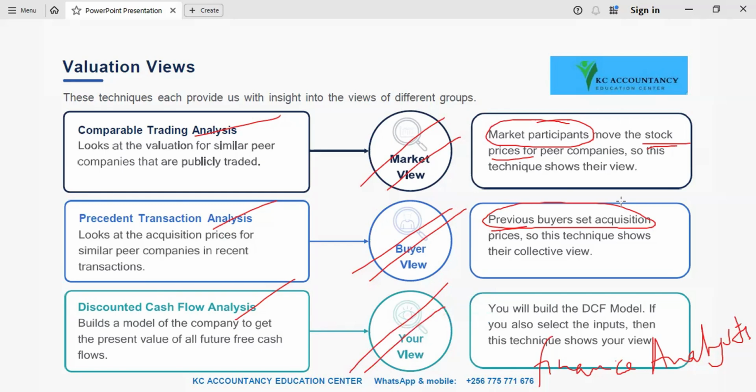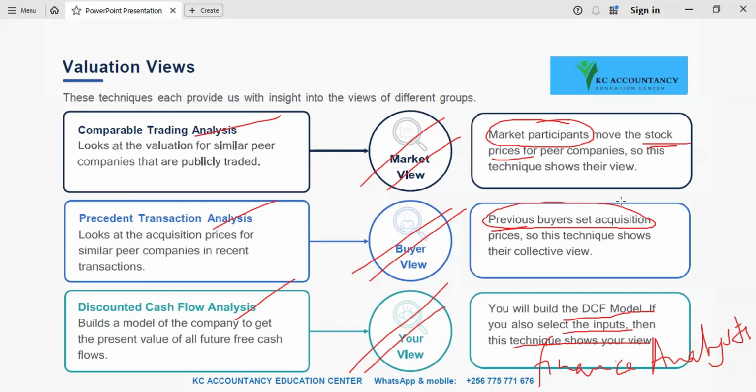You built the DCF model, you selected the inputs, and you also selected the technique to use. So it is your view of the value of the company.